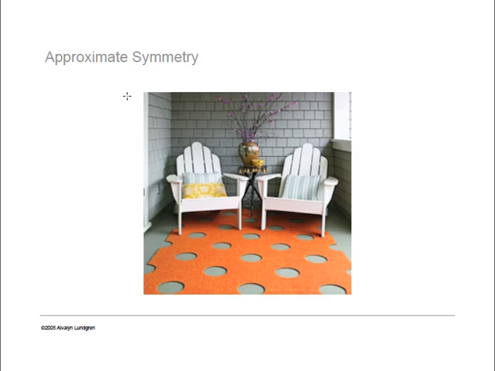In this photo we have the same idea. We have two Adirondack chairs that are basically mirror images of each other. We have a Swiss cheese indoor-outdoor carpet, and we can basically divide that photograph straight down between the chairs and come straight down through the carpeting to the baseline of the image. We have a table that is also centered, but we have a vase that nudges to the left and a bowl that nudges to the right.